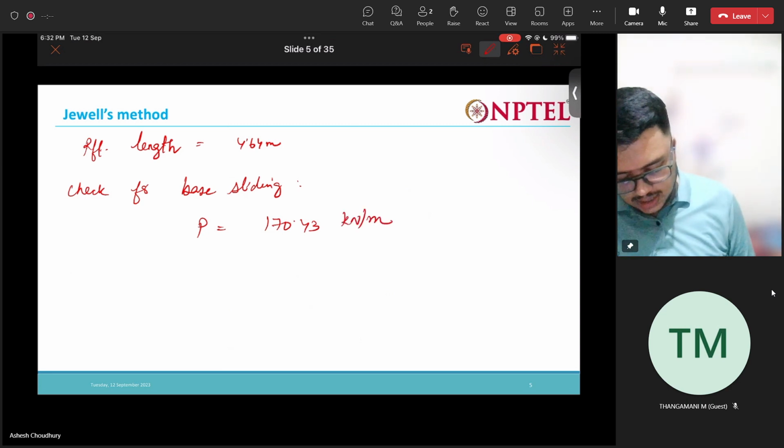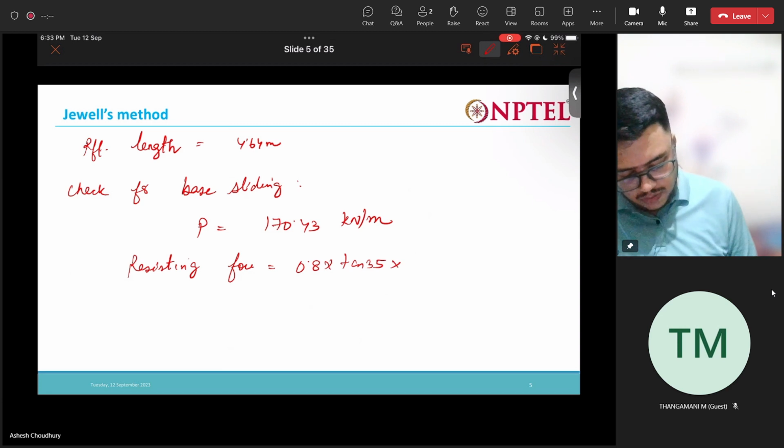What is the resisting force? 0.8 into 1035 into 4.60 times height 11.32 times 19 times 0.5, because we are averaging.